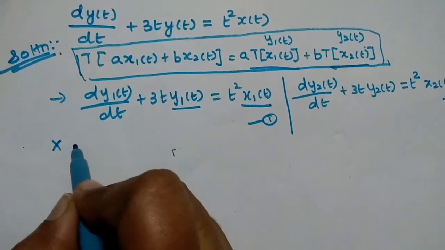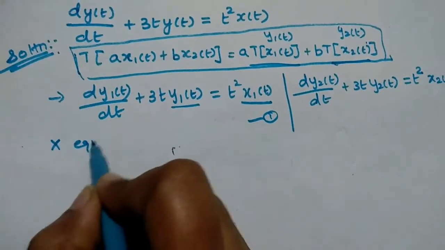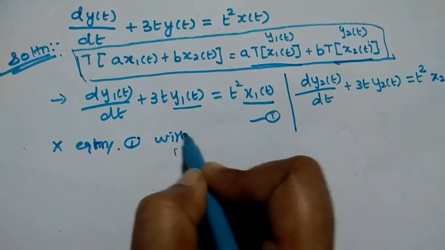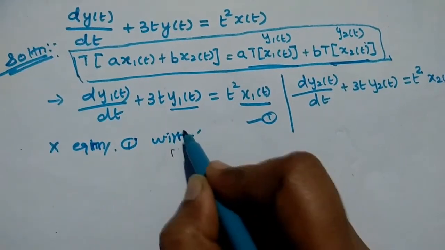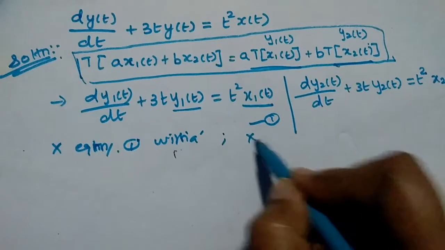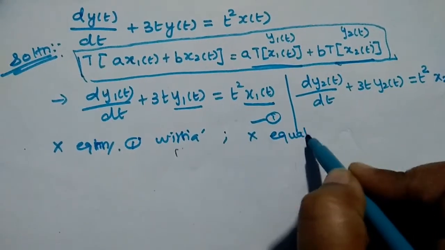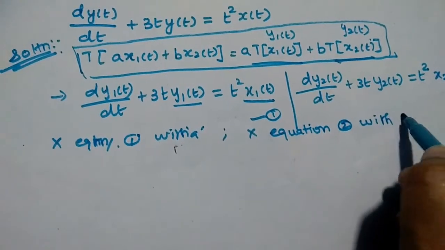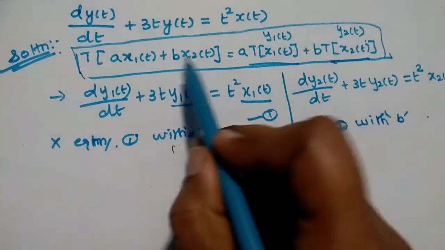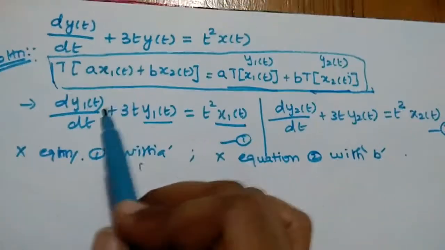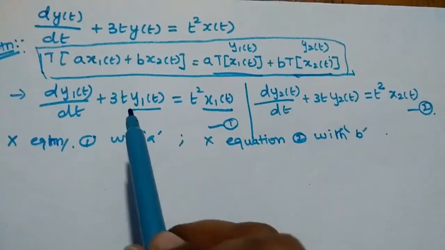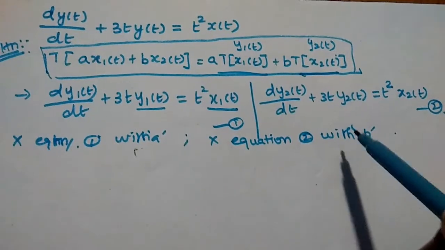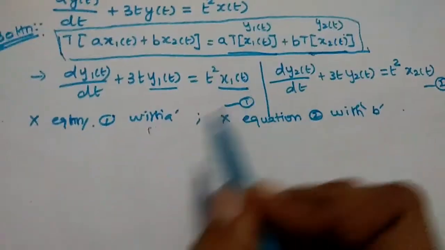So multiply equation 1 with a constant a. Similarly, multiply equation 2 with b, and we have to add these together. So we are going to multiply equation 1 with a, equation 2 with b, and add the two together.